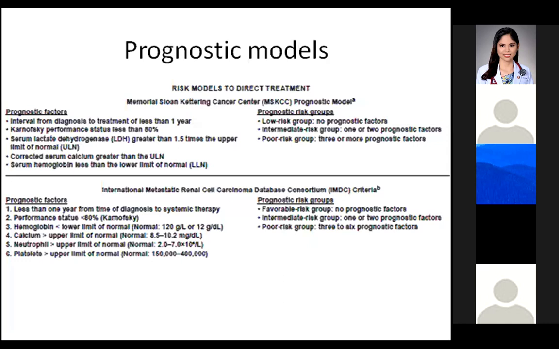So yung 6 na yun is yung hemoglobin less than the lower limit of normal, serum corrected calcium greater than upper limit of normal, yung Karnofsky din na 80%, time from initial diagnosis to initiation of therapy of less than 1 year, and may dinagdag na absolute neutrophil count greater than the upper limit of normal and platelets greater than the upper limit of normal. So yung favorable risk group, wala rin prognostic factors. Pag 1 or 2, intermediate. Pag 3 to 6, poor risk.